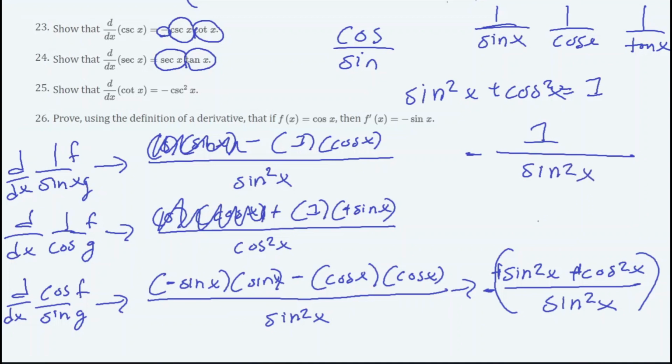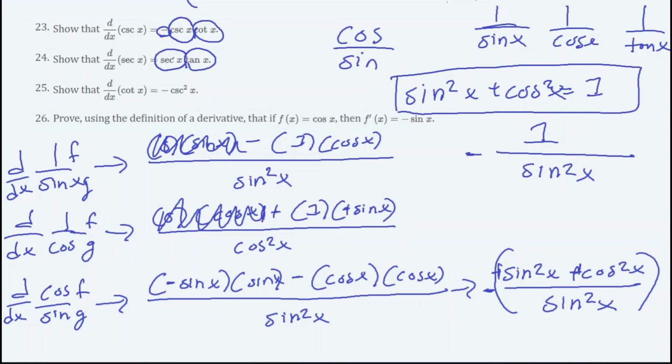It seems a bit complicated at first, but this is the general idea of how we replace sine squared plus cosine squared x. And now, if you look at it, we have negative 1 over sine squared x. 1 over sine squared x is going to be cosecant squared x.